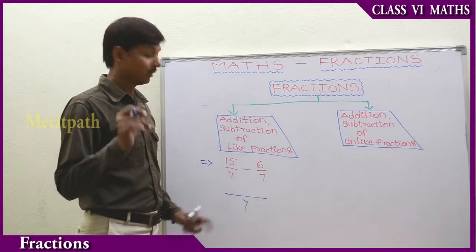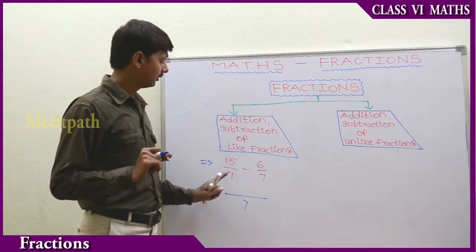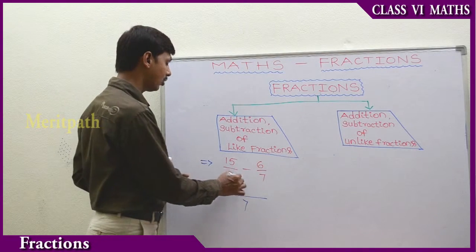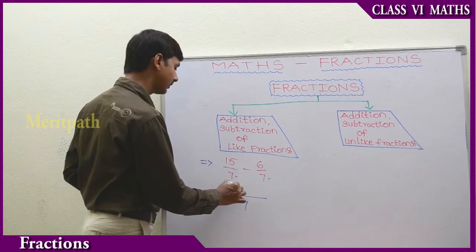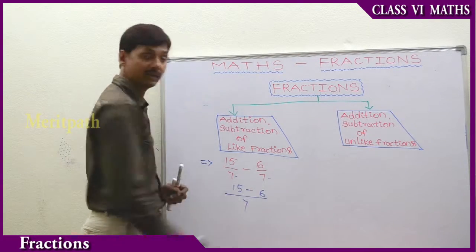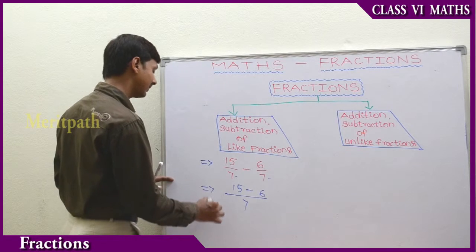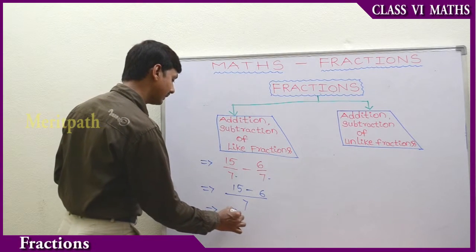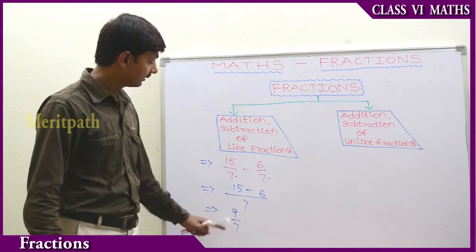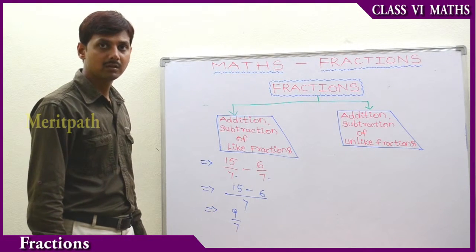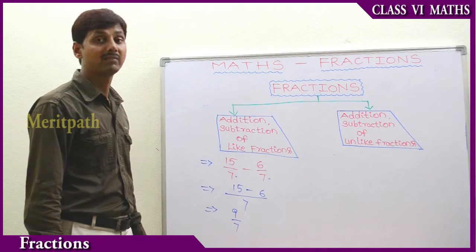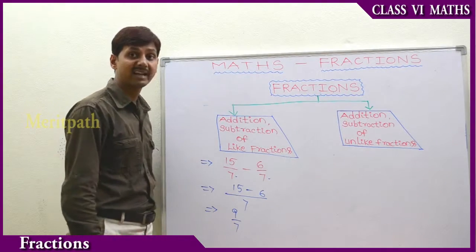We will not take 7 two times as a denominator. The numerators are different, 15 and 6, and there is a minus symbol between them, so 15 minus 6 gives 9, so 9 by 7. Let's see if there is any common factor. There is no common factor. So 9 by 7 is the simplification of these two like fractions, and this is the process of subtraction.